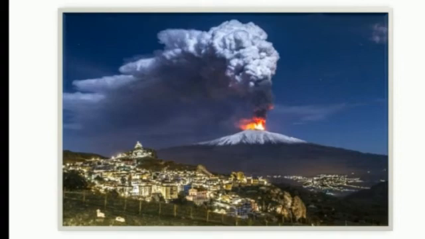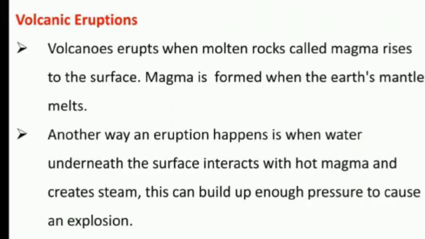So when the hot liquid, that is magma, rises towards the surface, a pressure is created. Magma is actually formed when the earth's mantle melts. When the rocks start melting, they become liquid and rise upwards, and because of the extreme pressure they need to come outside, and when they don't find any space they break open the earth's crust, and that's how the volcanic eruption occurs.